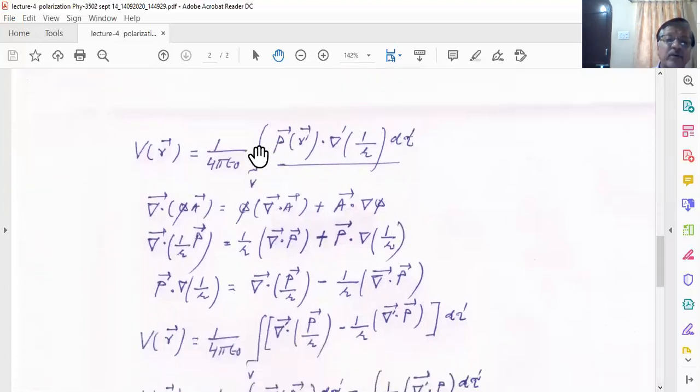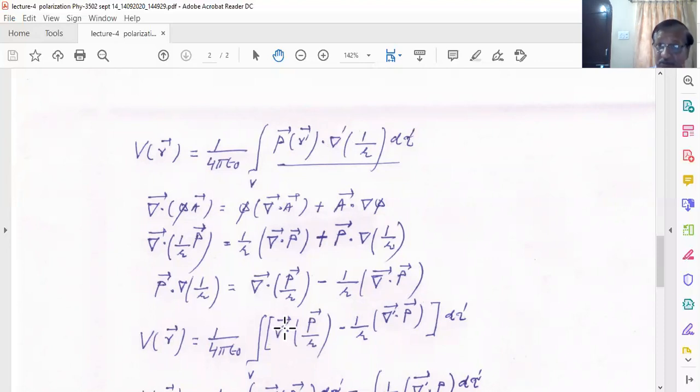So I write 1 upon 4 pi epsilon 0 under the volume integration. Now you see this product: P dot the gradient of 1 upon r, but with del prime. So instead of del, I write del prime dot P by r, the divergence of P by r, calculated with respect to the source coordinate.